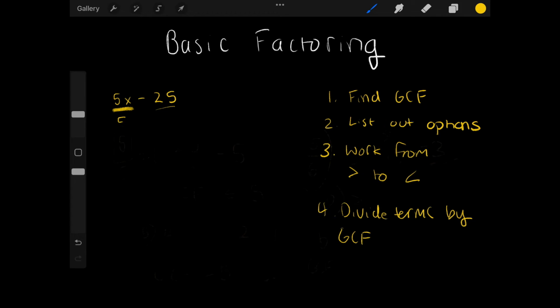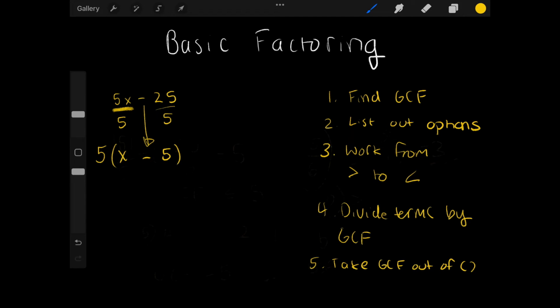So 5x over 5 and 25 over 5, we're going to get x, drop down this minus sign, minus 5. We're going to put that in parentheses, and then we're going to take out our GCF. So we're going to put that 5, our GCF, out of the parentheses. So our fifth step is to take the GCF out of parentheses.